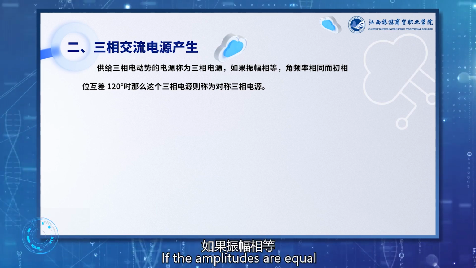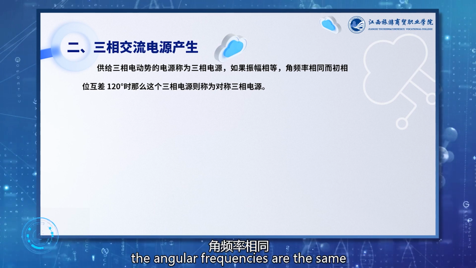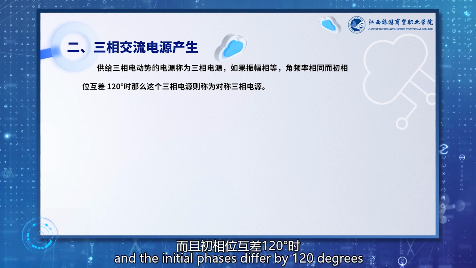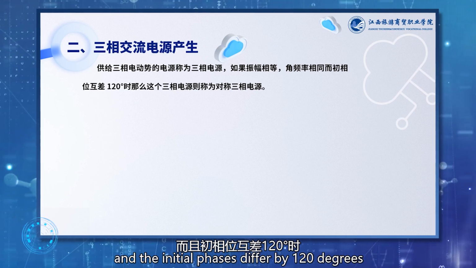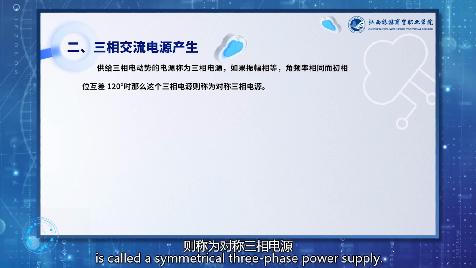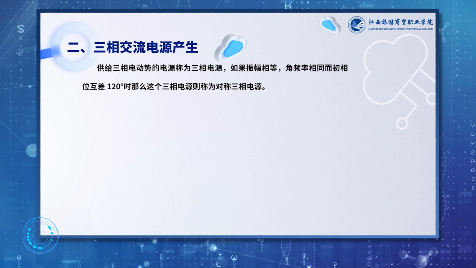If the amplitudes are equal, the angular frequencies are the same, and the initial phases differ by 120 degrees, then this three-phase power supply is called a symmetrical three-phase power supply.